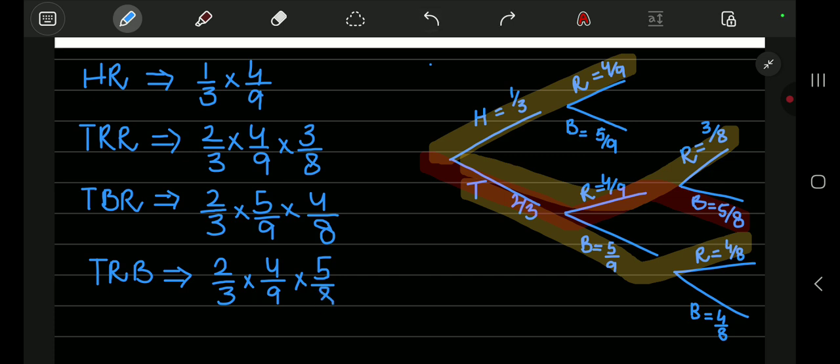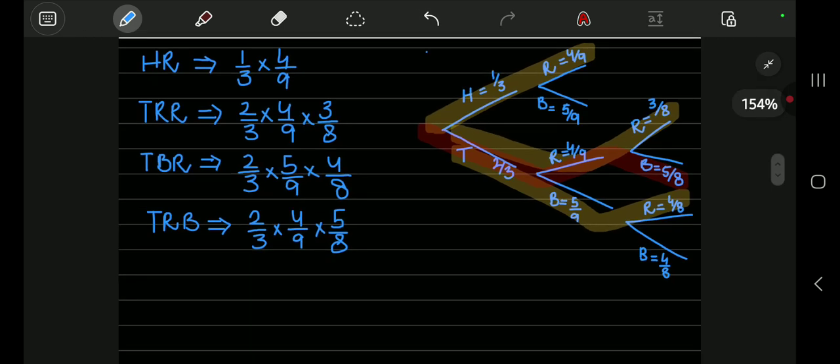Now we have to add all these probabilities for the total probability. Okay, so what will be the product of this?